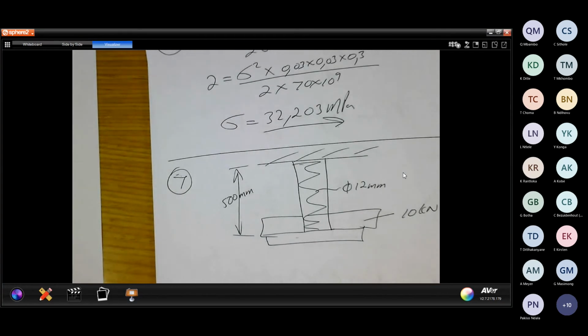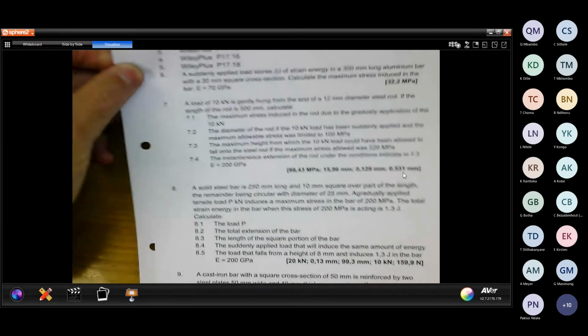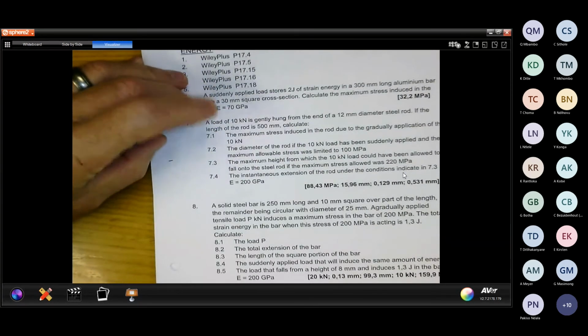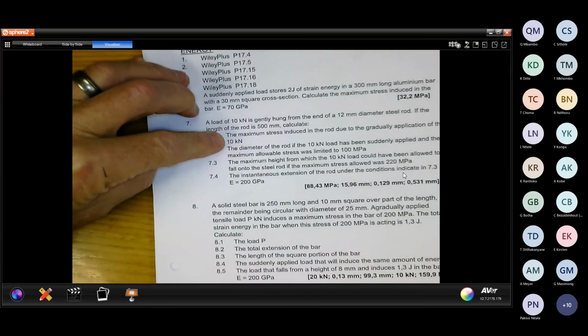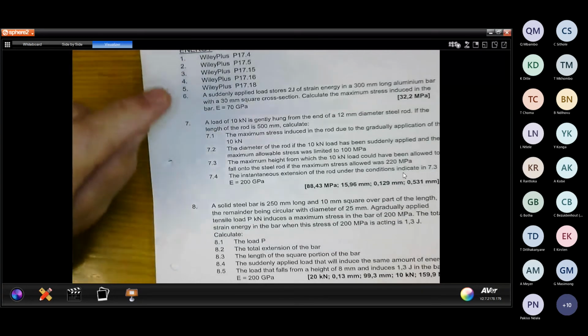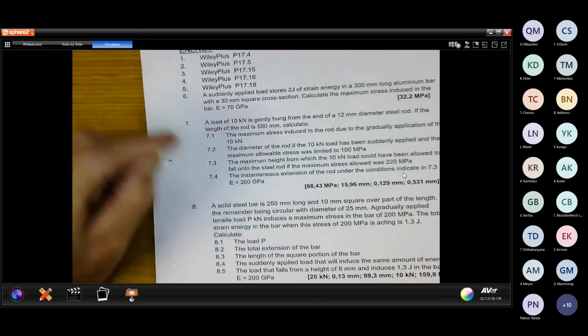Right. The first question says the maximum stress induced in the rod. Calculate the maximum stress induced in the rod due to a gradually applied load of 10 kilonewtons. That means you want it gradually applied. Right.